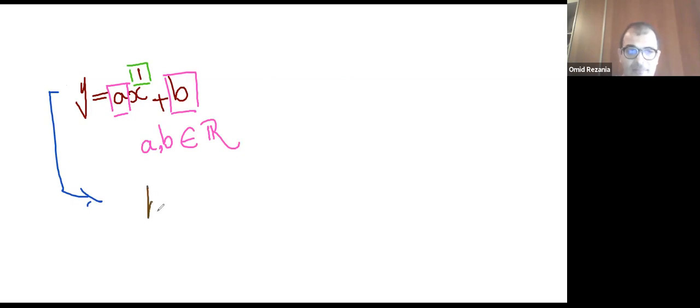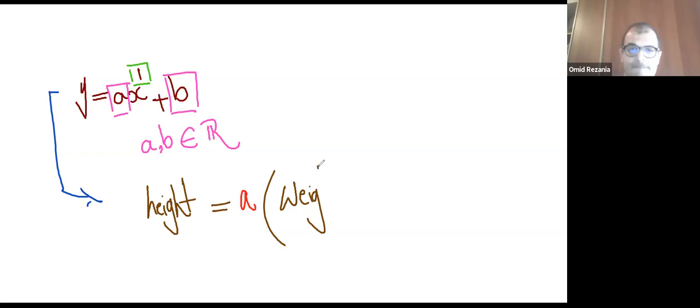We say that the height of a woman should be equal to a times that woman's weight plus b. You see the woman's weight has the power 1, exactly as we have in the framework. And that's what we mean.